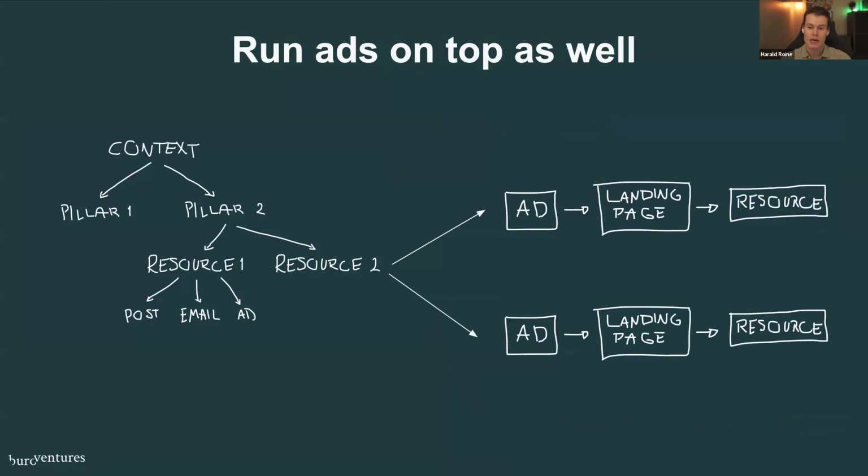Now, you can also do this for ads. And this is where I went a bit into it, which was you have your resource, you can run your ad to a landing page, and then the resource. If you have, let's say, 10 resources, you posted all 10 on LinkedIn, 3 of them went viral, you're going to put emphasis on those 3.